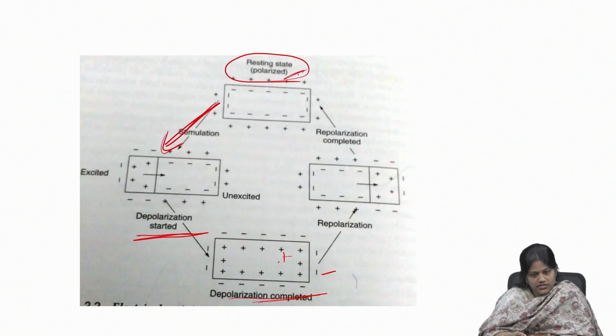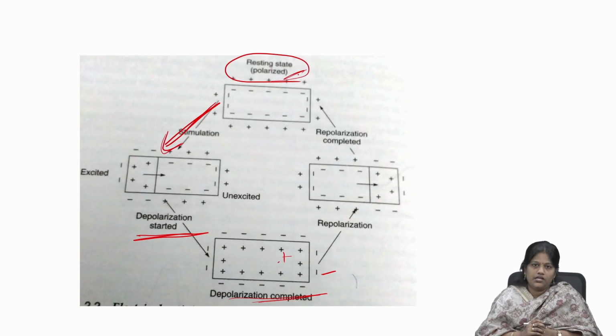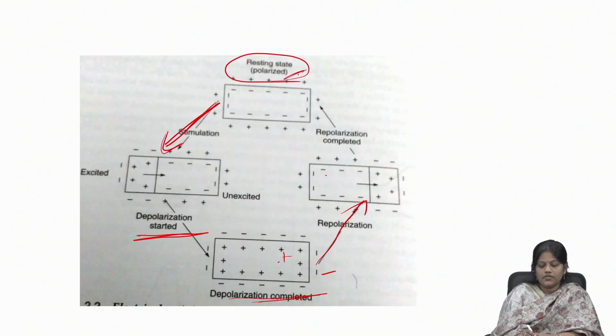And next, will it stay longer? No. The energy will get loosened up. Continuously we can't provide energy. So whenever it loses some amount of energy, repolarization takes place, meaning again negative ions inside and positive ions outside.